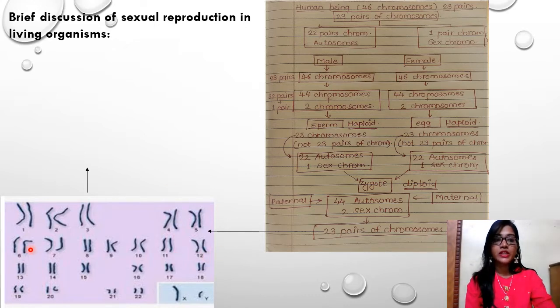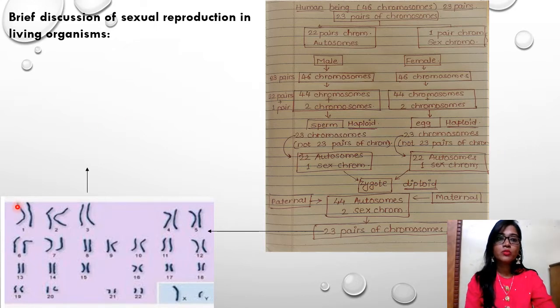Now observe this slide. These are the sets of chromosomes. The chromosomes are present in sets, that is, in the form of pairs. Why is there pairing? One chromosome comes from the paternal side, from the sperm. Another chromosome comes from the maternal side, from mom, that is from the egg.